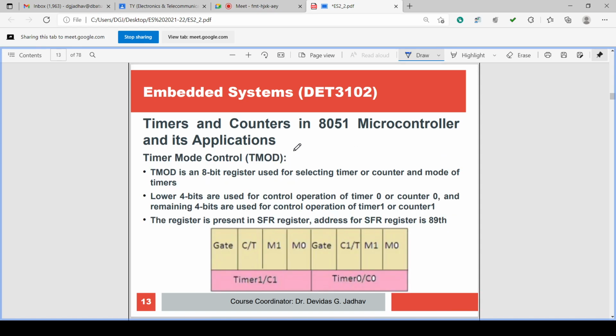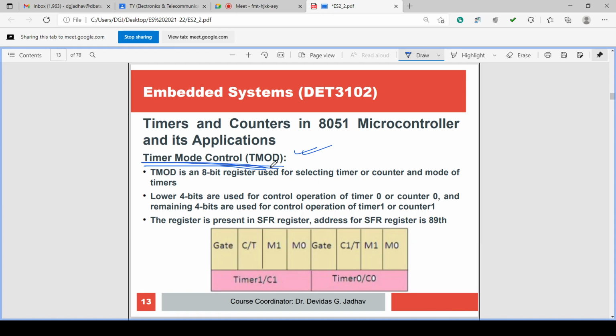So let us check TMOD first. What is there in the TMOD? Timer mode control. There are a variety of modes of operation of the timer and its control. We can program the mode.